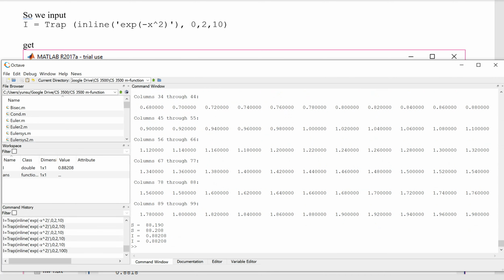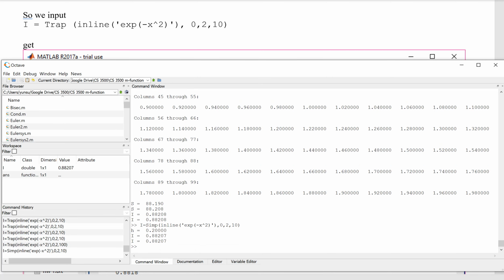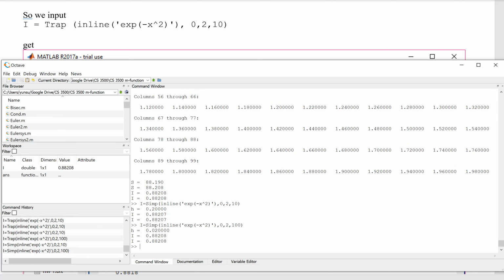If we increase the number of subintervals to 100, we have 0.88208. If we use Simpson's method, let's replace trap by simp. The answer is 0.88207, and with 100 steps we get 0.88208. So we can see that with Simpson's method, even though we only use 10 subintervals, we already get 0.88207.